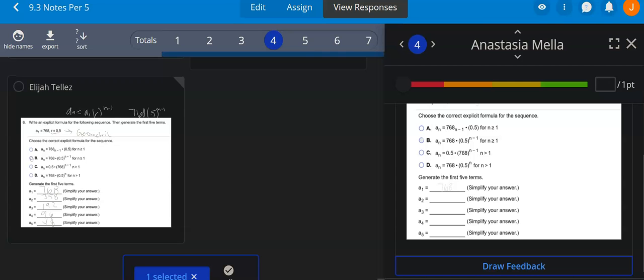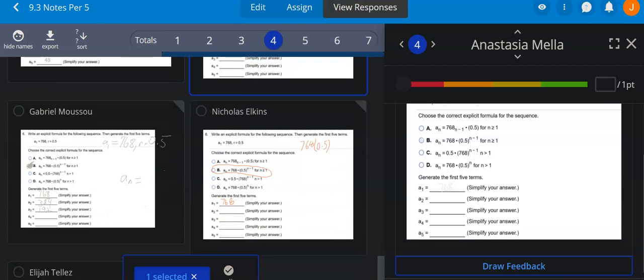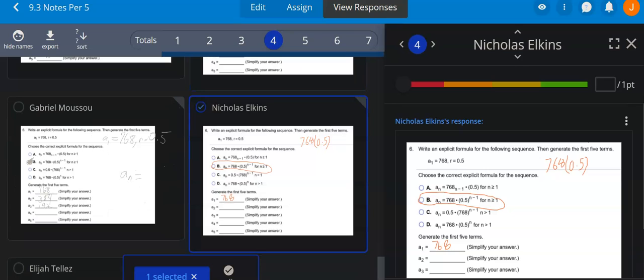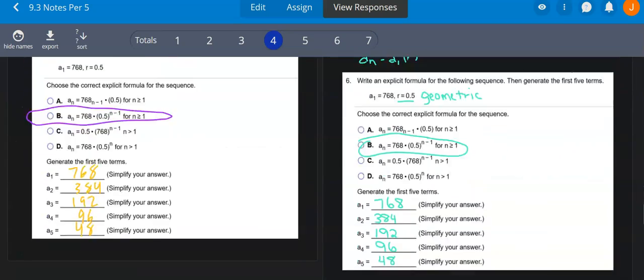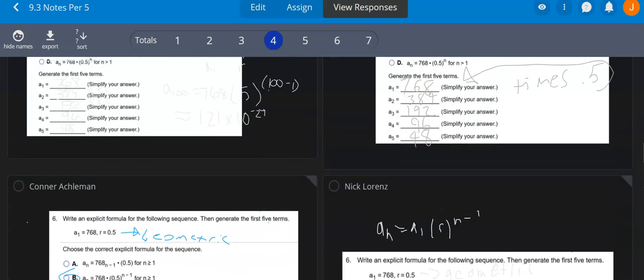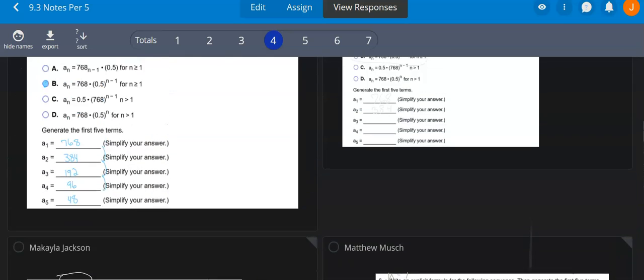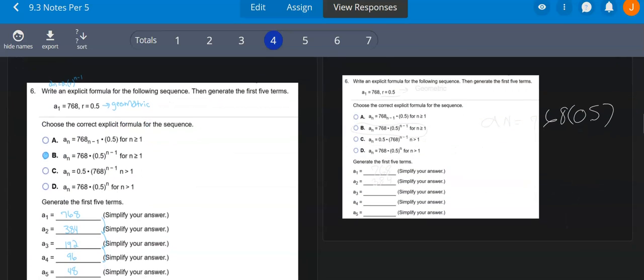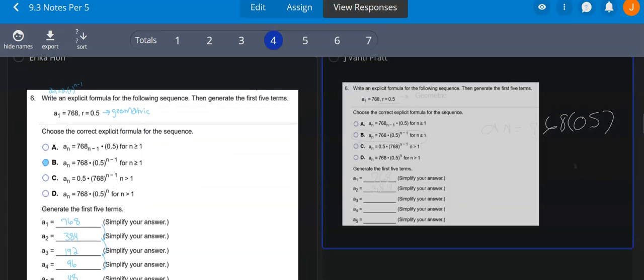Take that 768, multiply by half, and then keep going. Come on, Elkins, catch up. Get that 1/2 multiplied. Keep going, Pratt.